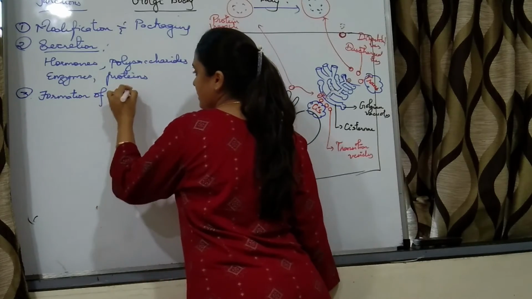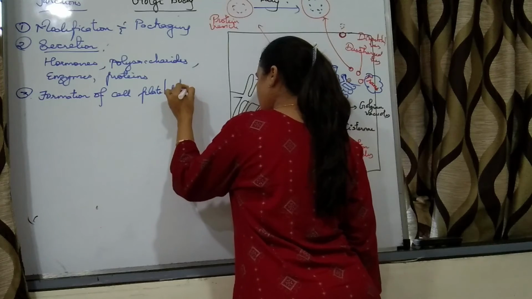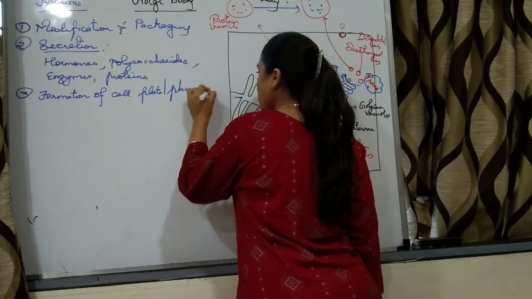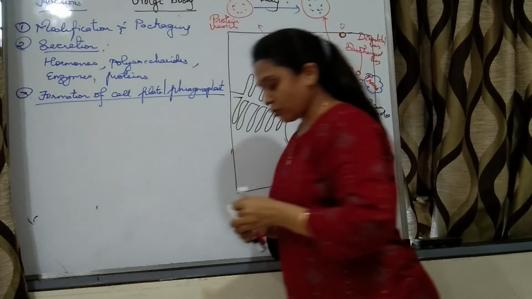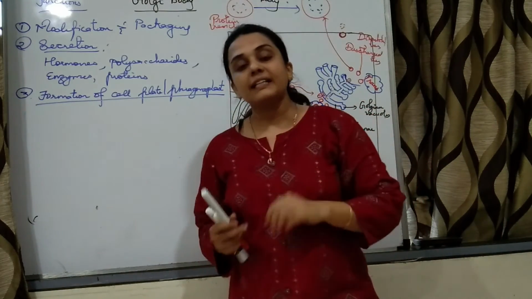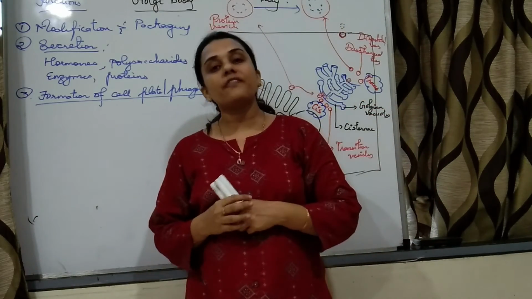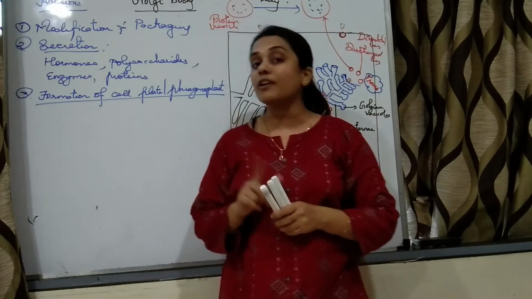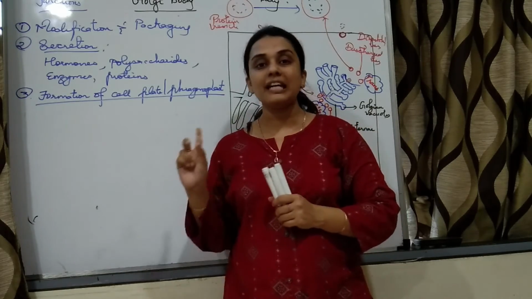Then the third function is formation of cell plate or phragmoplast. Right? You have studied this when you studied the cell wall. When the cell wall is formed, first a cell plate or phragmoplast is formed, and the organelles involved are the Golgi body and endoplasmic reticulum.